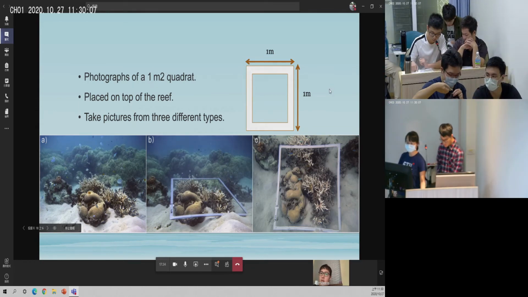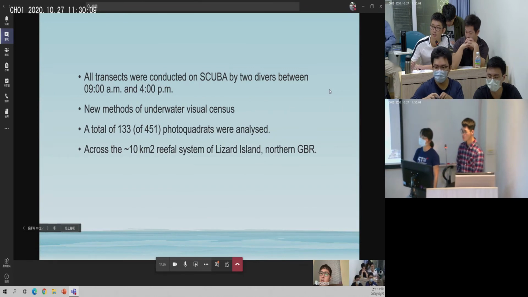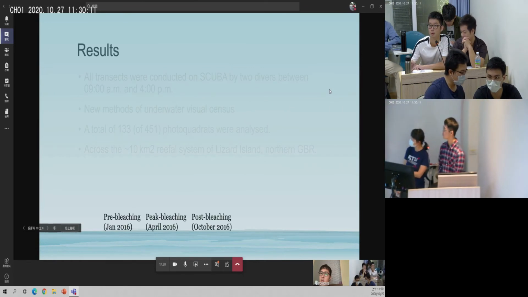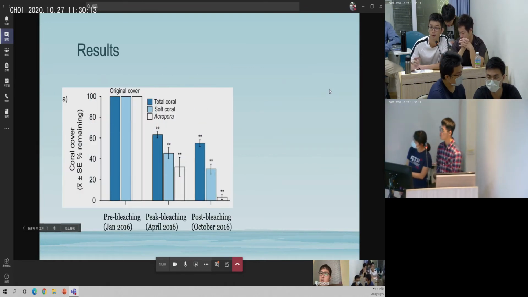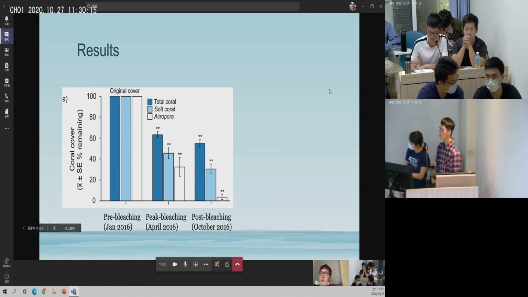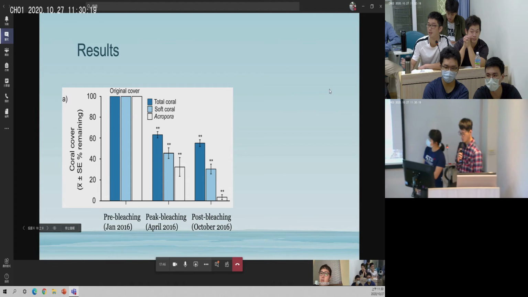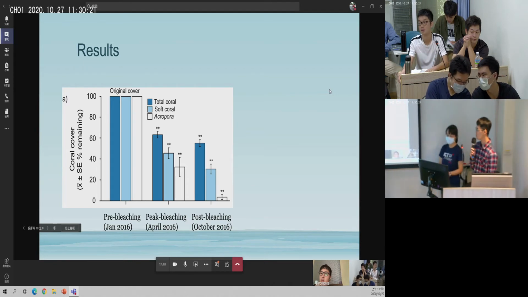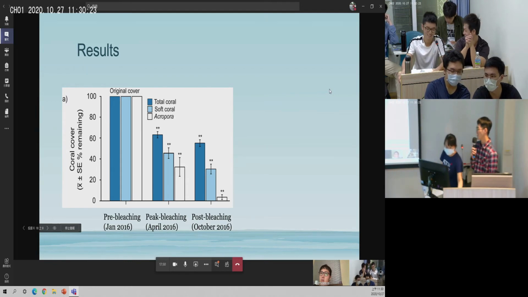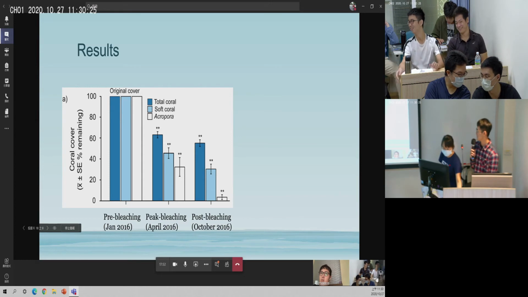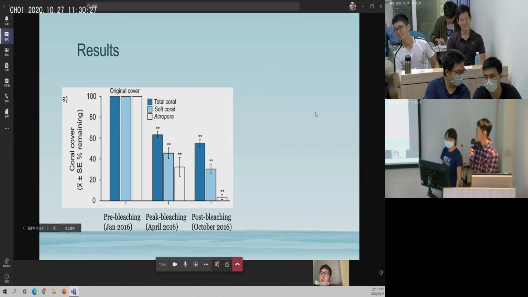And in your results slide, what is the difference between soft coral and Acropora? Oh, what? She wants to know. He wants to know the difference between coral and Acropora.